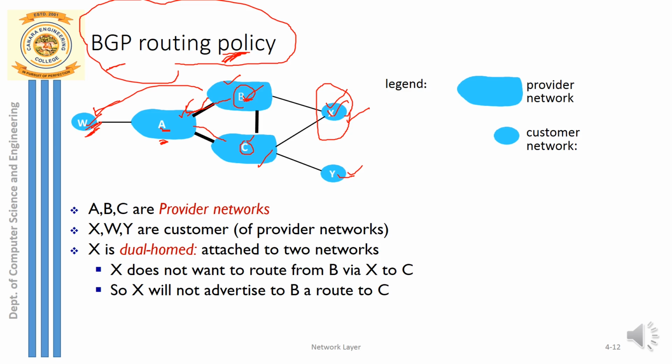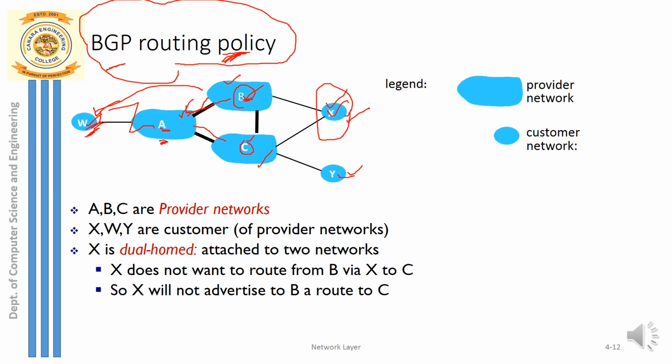So B will first redirect the packet to A, and then A will finally reach W directly. So this is the path chosen to reach W. Suppose here C also wants to send a packet. In that case, what will C do? Anyway, that reachability information is also shared with C. So if C has to send the packet to W, first it will reach A and then it will reach W.